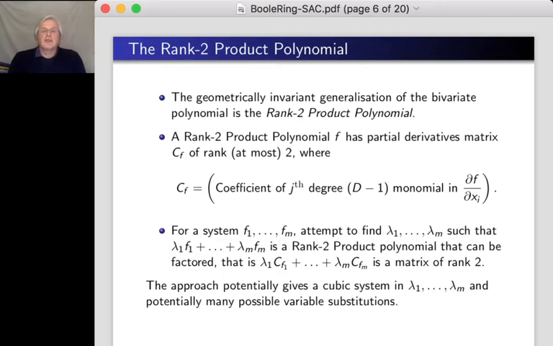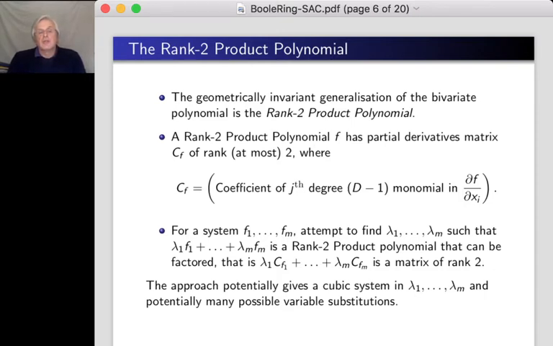And for a system f1 to fm, we attempt to find lambda 1 to lambda m such that this polynomial lambda 1 f1 plus dot dot dot plus lambda m fm is a rank 2 product polynomial. Because if it is, then it can be factored.